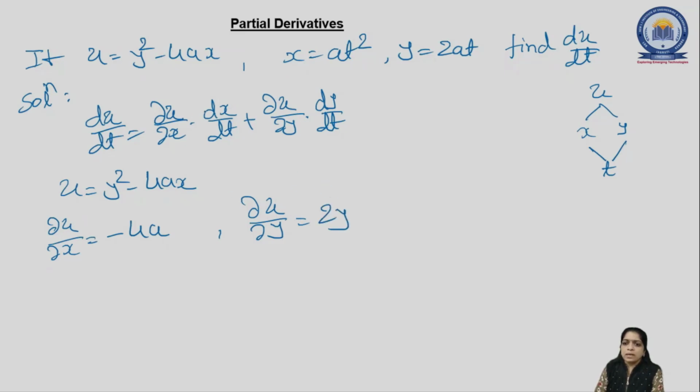And the derivative of x with respect to t is 2at, and the derivative of y with respect to t is 2a, right? So dy by dt is equal to 2a.